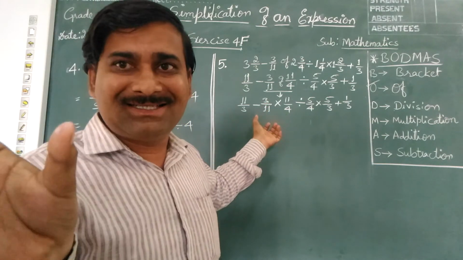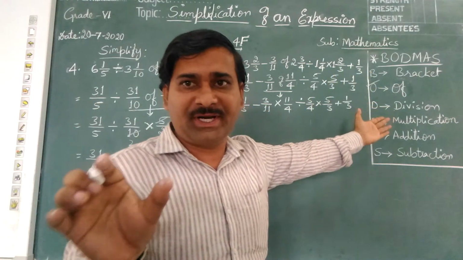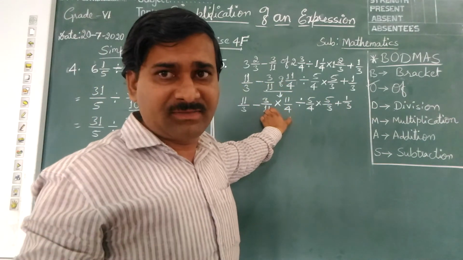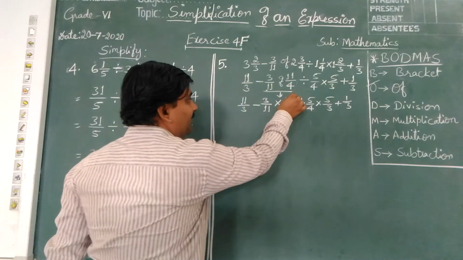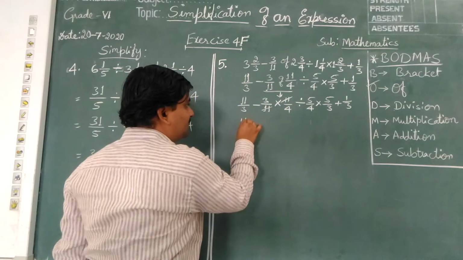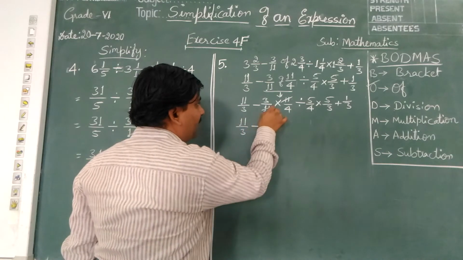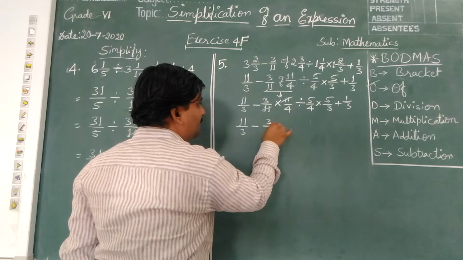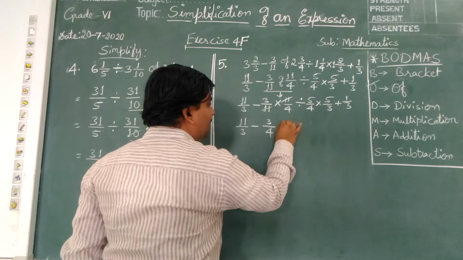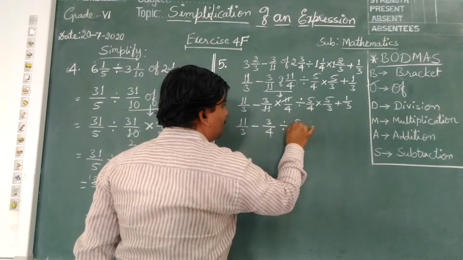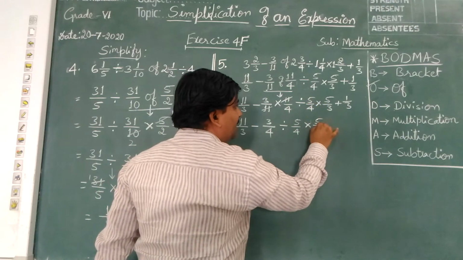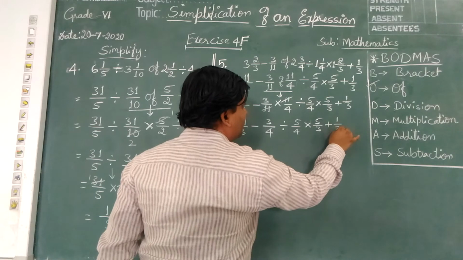Each step will simplify only one operation. No hurry. 11 gets cancelled here. So 11 divided by 3, minus 3 1s are 3, 1 4s are 4, so divided by 5 into 4. Sorry, 5 divided by 4 into 5 divided by 3 plus 1 by 3.